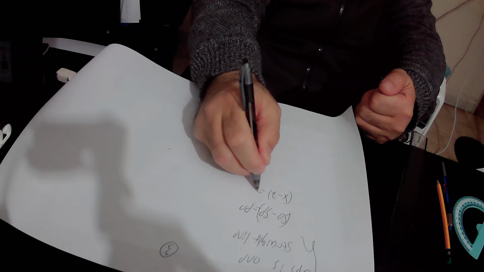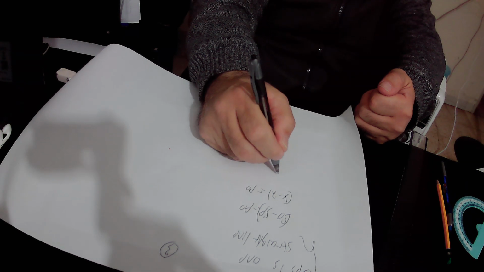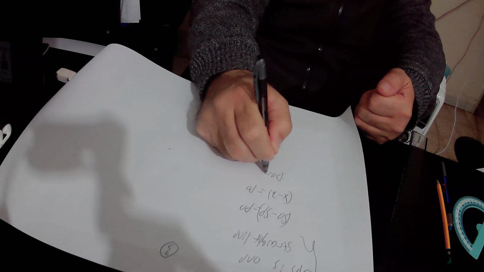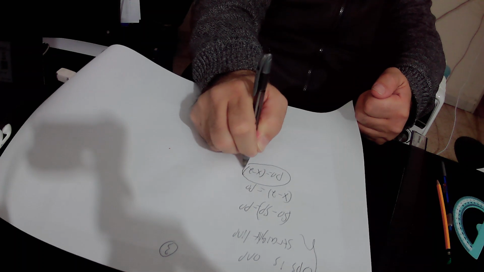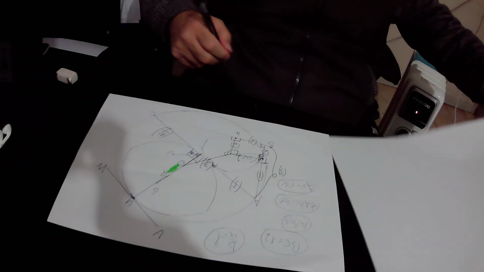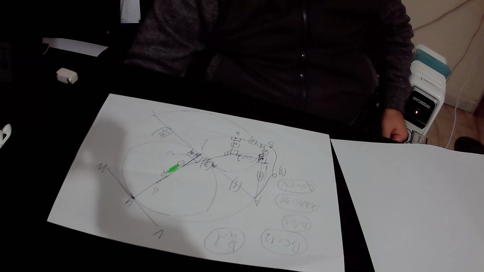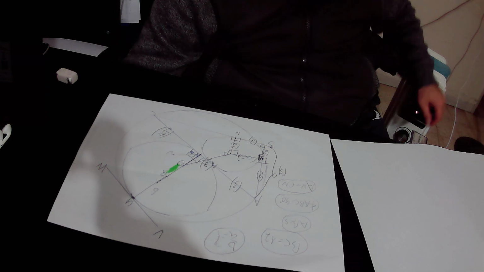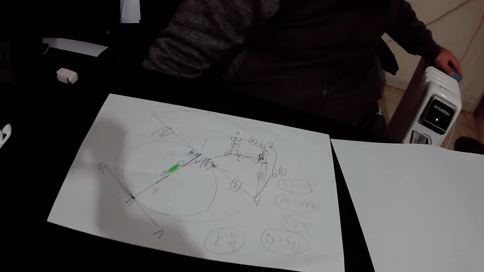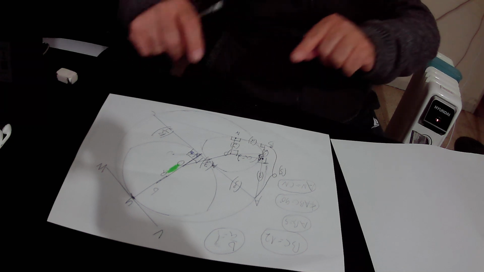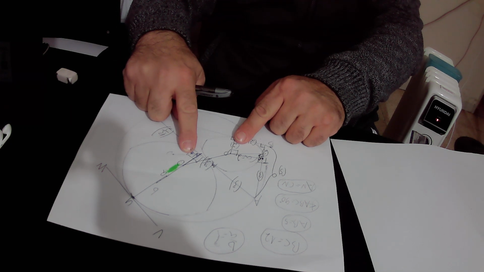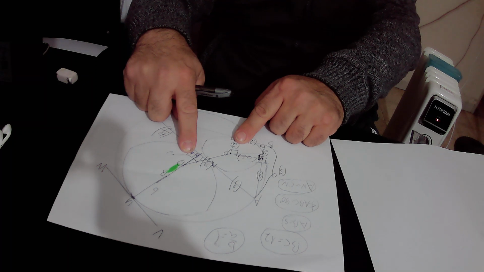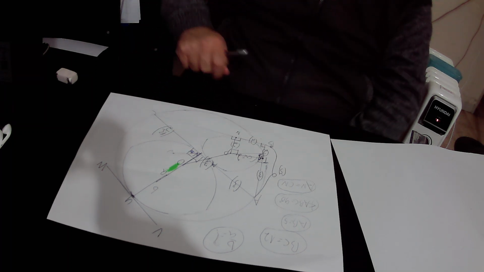So we found out that PO equals X minus 2. So this line segment PO equals X minus 2 units in length.